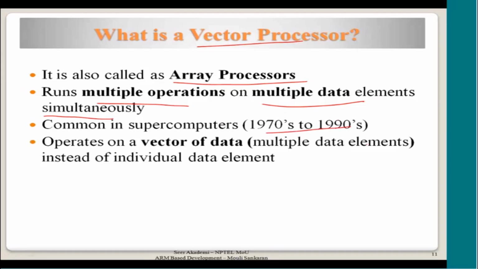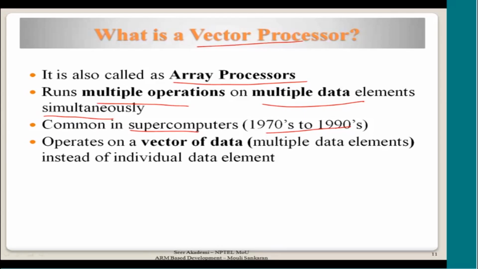We call them supercomputers, but now whatever home desktop we have may also do a lot of jobs in parallel. All the PCs that we have are multi-core processors, so they will be running in parallel. In the 1970s to 90s, even having a vector processor was considered to be a supercomputer.